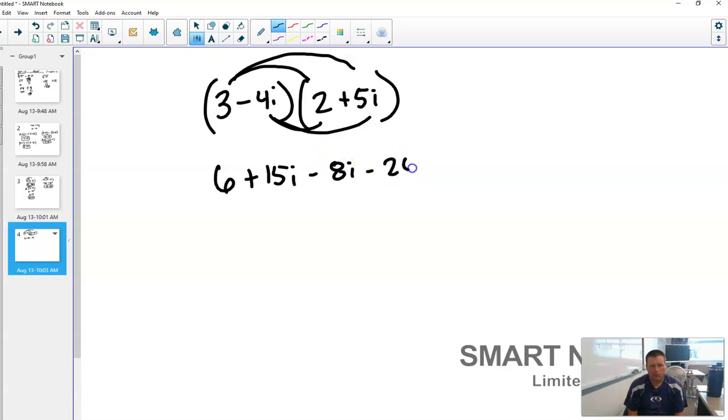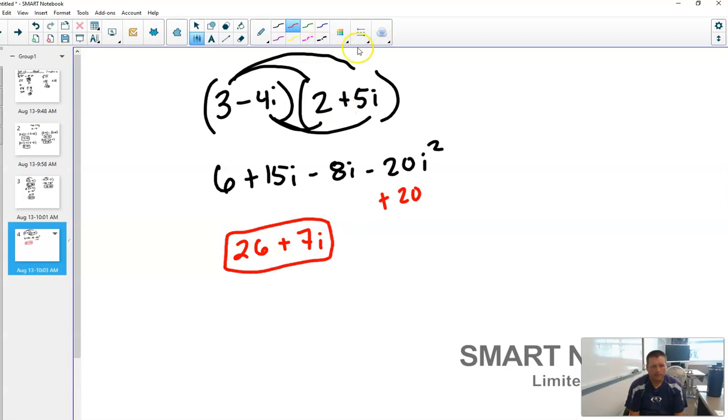And then negative 20i squared. Remember, this term, this negative 20i squared, is really just positive 20 because of that i squared, which then can combine with the 6 to give me 26. And then I can combine the 15i and the 8i, which will give me positive 7i.